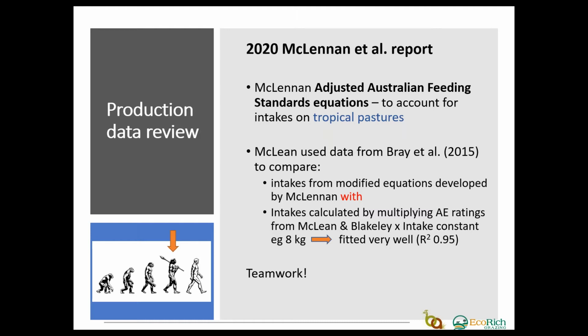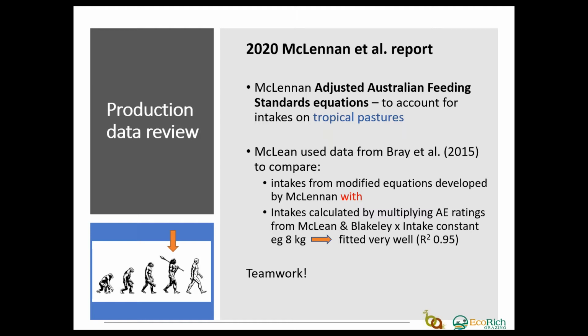Now, Ian was able to overcome that by testing whether using the old feeding standards to develop adult equivalent ratings multiplied by an intake constant would come up with a similar answer for intakes of cattle on pasture to the model that Stu developed, which was adjusted for tropical pastures.